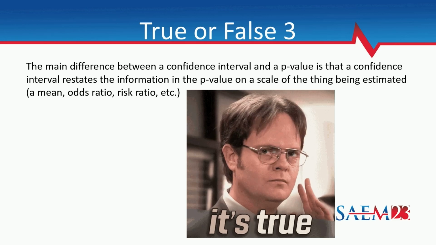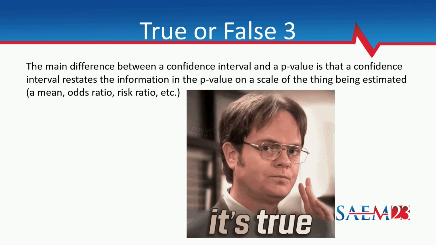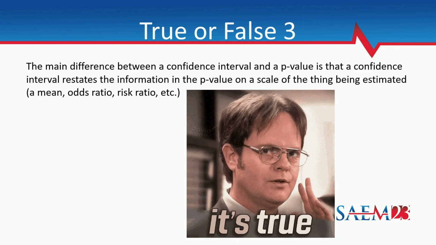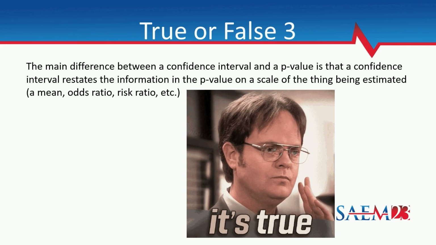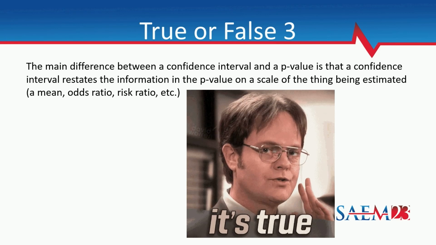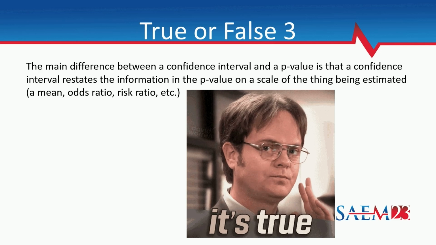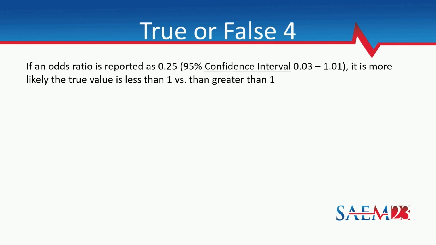But it's a measure of uncertainty that is taking the same underlying statistics underlying the p-value and then just restating it in an interval that is really just a way of saying you're giving a measure of uncertainty that is now on the scale of whatever you're estimating rather than some percent, which is what the p-value essentially is in this case.